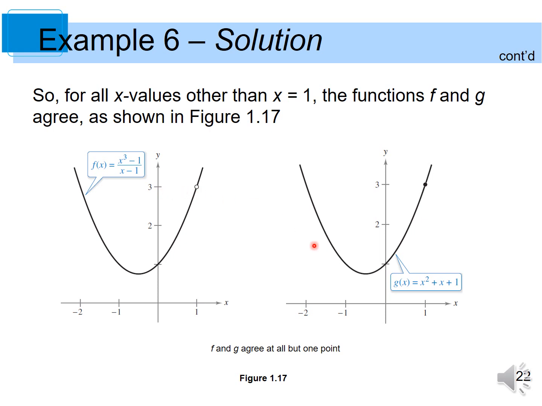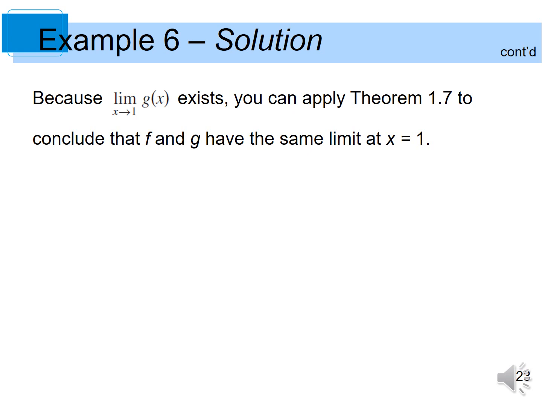But for the quadratic function, there's no gap at this point. Because the limit of g of x as x tends to 1 exists, you can apply theorem 1.7 to conclude that f and g have the same limit at x equal to 1.